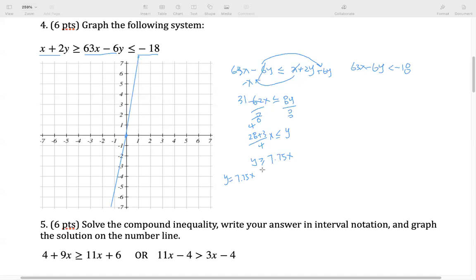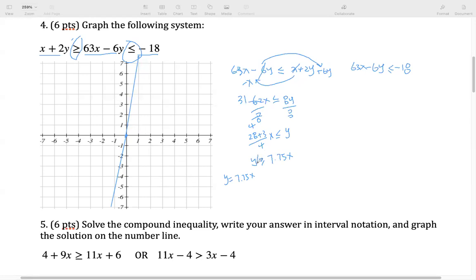Actually, this one is also less than or equal to. Both sides have an equal sign, so I draw a solid line. So that's the first one.